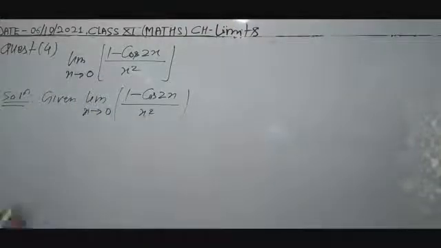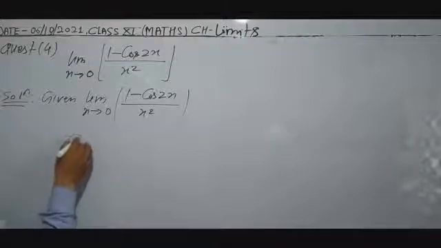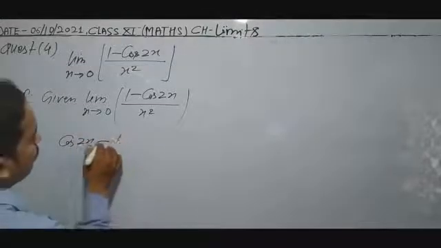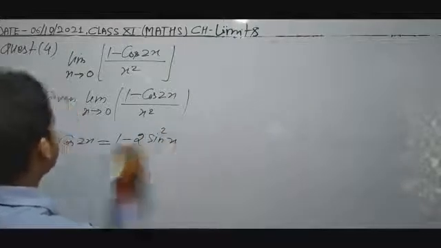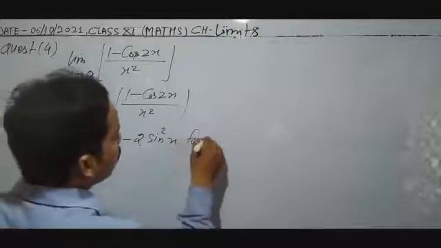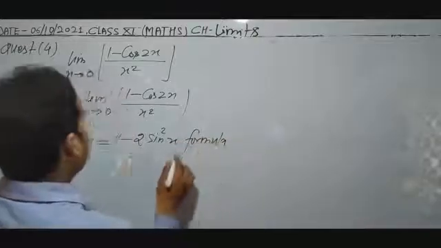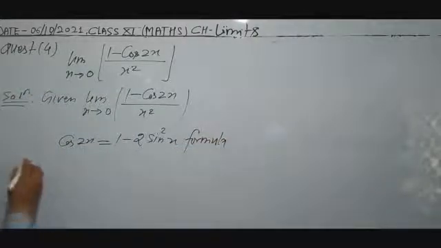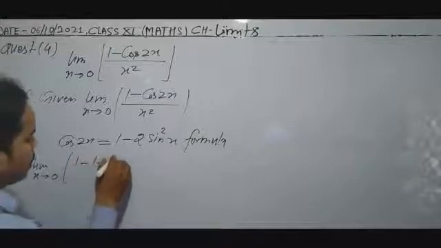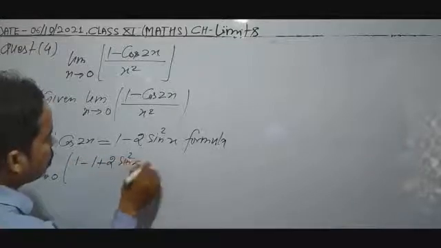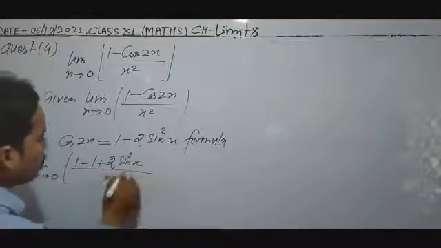Now since cos 2x is equal to 1 minus 2 times sin square x, this is the formula. Now limit x tends to 0, 1 minus 1 plus 2 times sin square x whole upon x square.